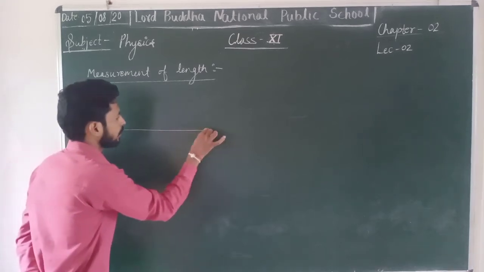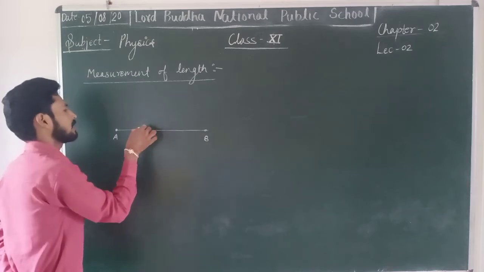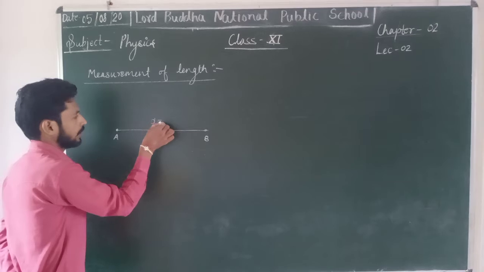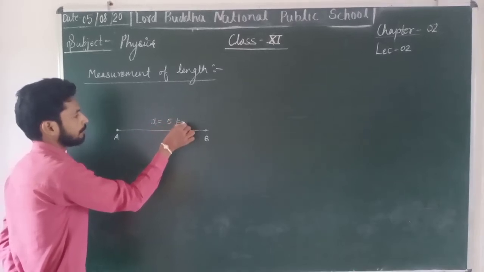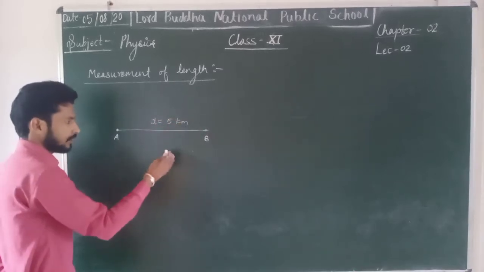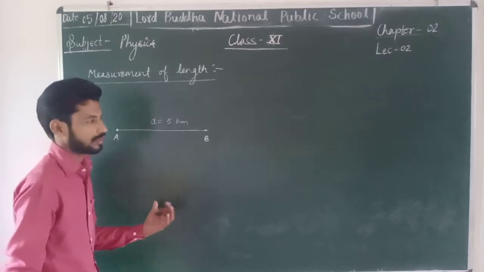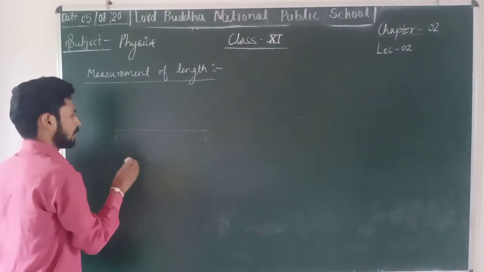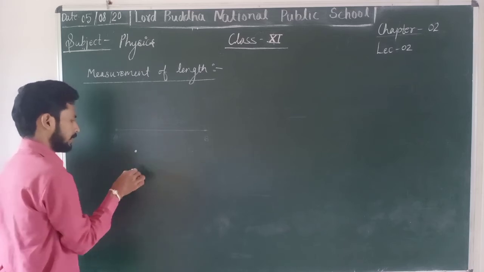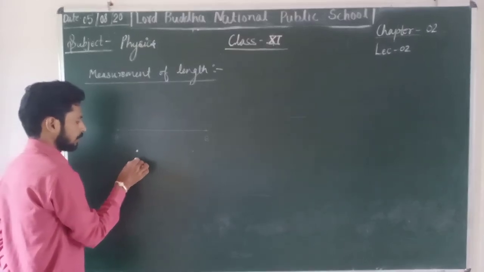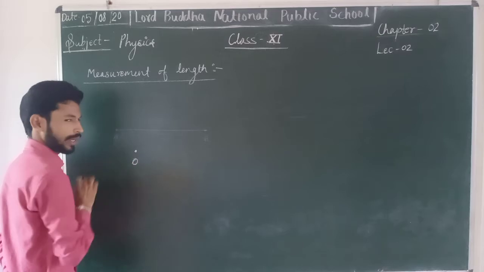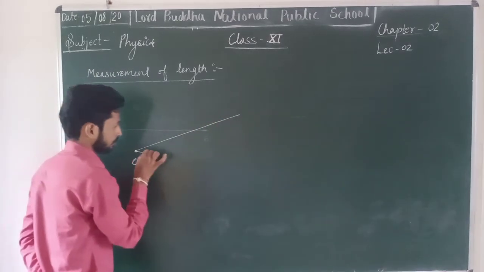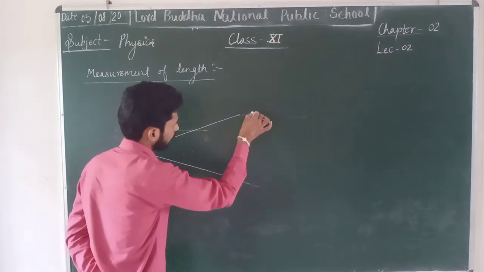Suppose there is a straight line and the total distance D equals 5 km, but this is a small distance. Now suppose we are standing at point O, and at a long distance there is another object.